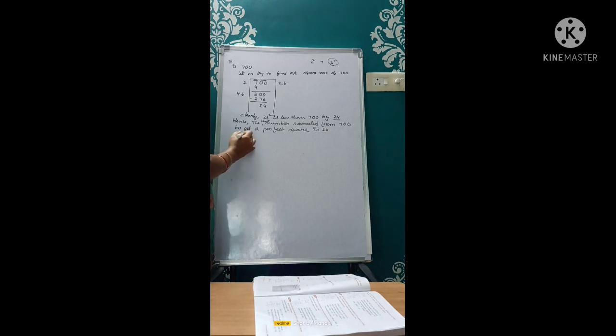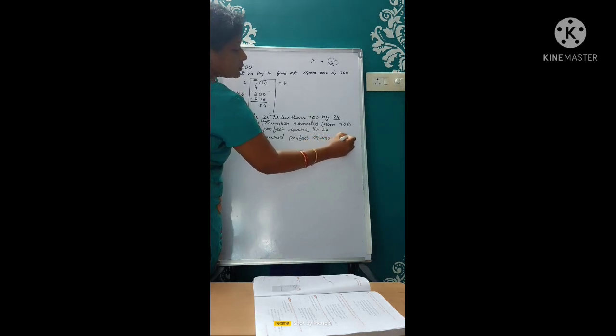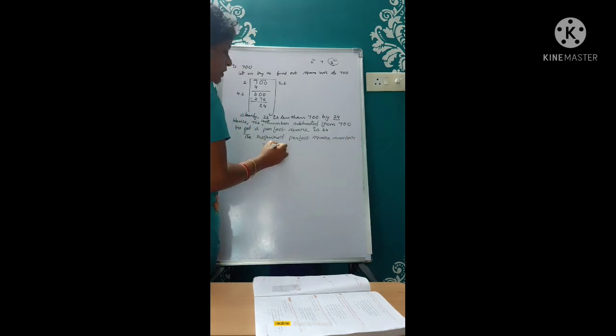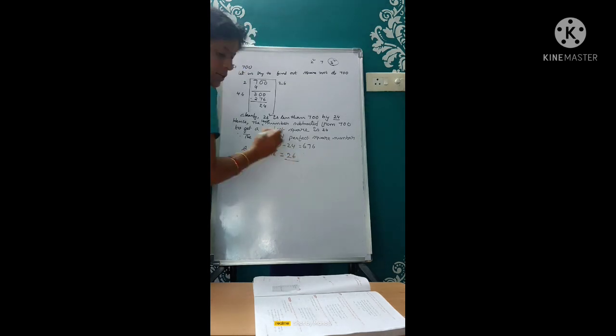Therefore, the required perfect square number equals 700 minus 24, which is 676. And the square root of 676 is nothing but 26.